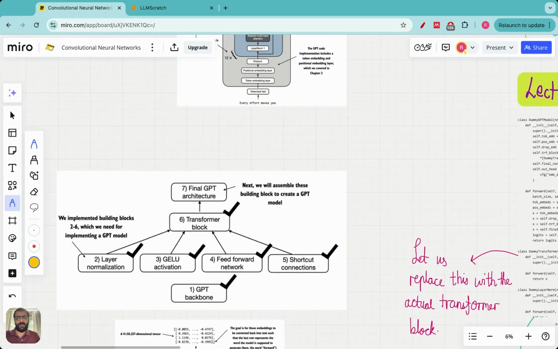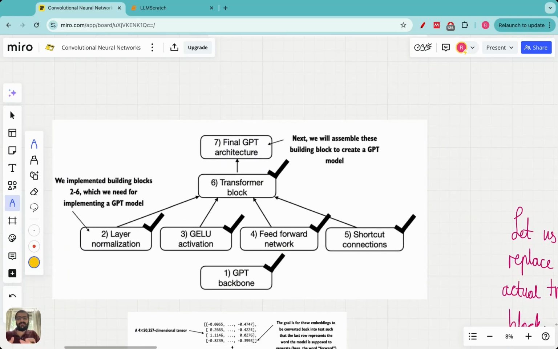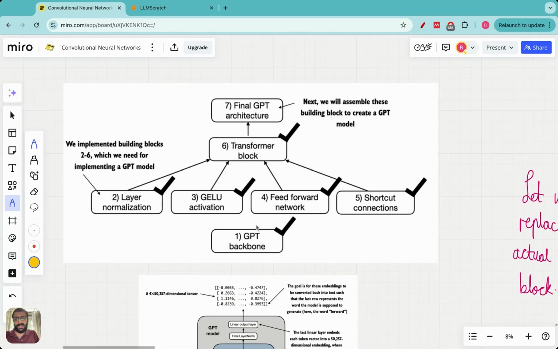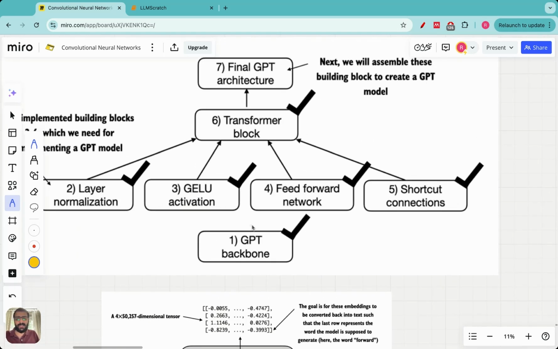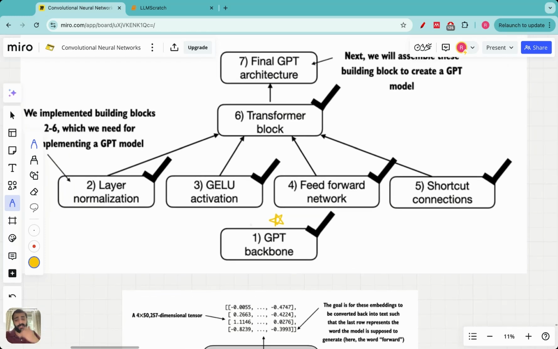In the previous set of lectures, which started around 4 to 5 lectures back in this LLM architecture lecture series, we started out with a dummy GPT model class. When we started, we did not have an understanding of the building blocks of the GPT architecture. Slowly, we worked our way towards it.